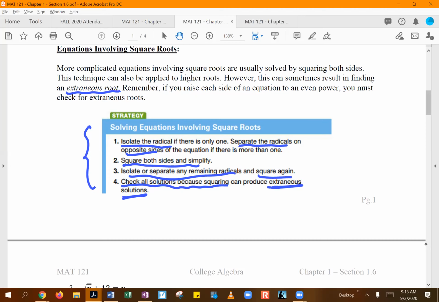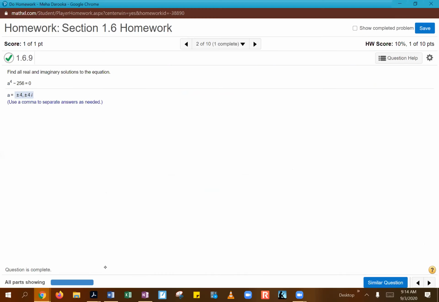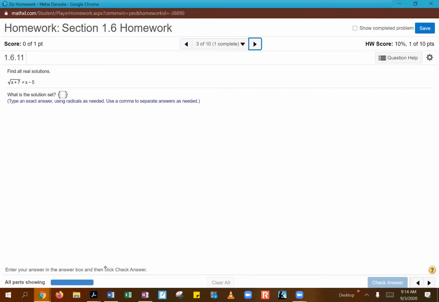If you get a true statement, that means that solution is satisfying the original equation. But if you end up getting a false statement, then of course you want to discard that answer. And sometimes you may end up with equations that have only one solution that you came up with. And if that one solution is not satisfying the original equation, you need to discard that, and you will end up saying your equation has no solution.